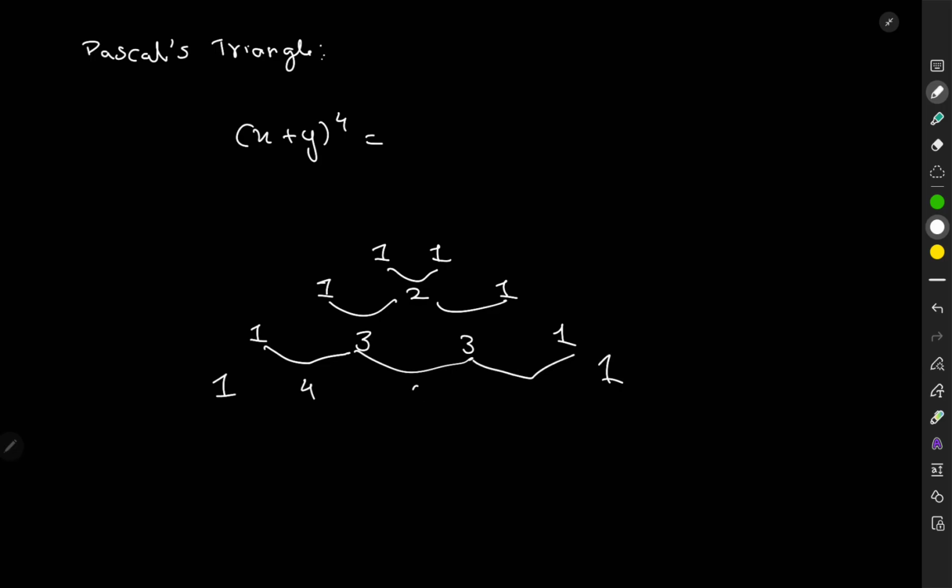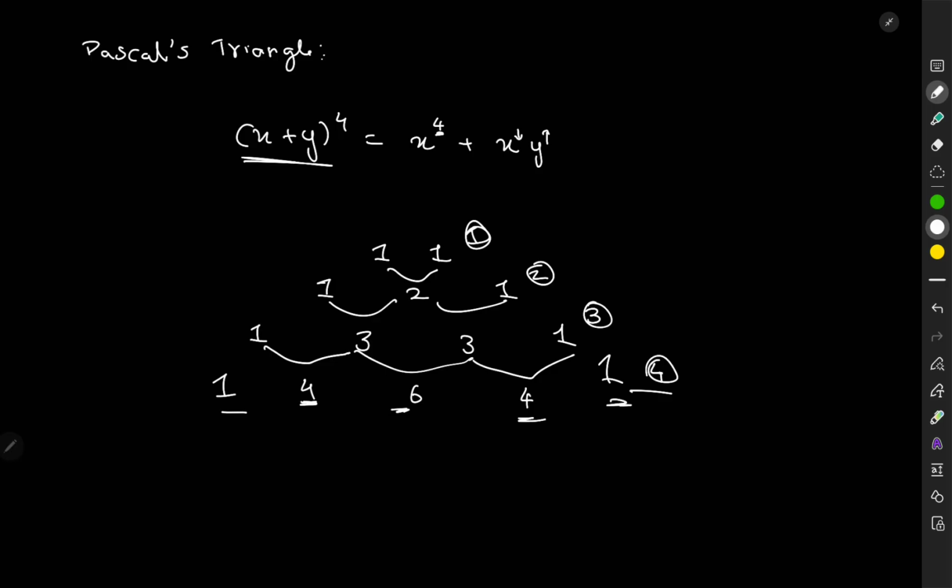Fine. 1 4 6 4 1. So these numbers are nothing but coefficients. Right? These are the coefficients for the 4 degree equation, 3 degree equation, 2 degree equation and 1 degree equation. In this case, we will take the 4 degree equation. So x to the power 4, and reduce the power of x and increase the power of y.